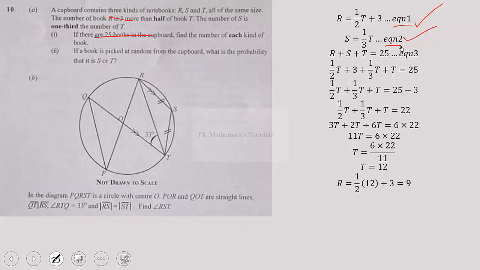We put t equal to 12 into this equation to get the number of R, which is 9. Then we put t equal to 12 into this one to get the number of S, which is 4. So the probability of S or T will be equal to 4 over 25 plus 12 over 25, which is 16 over 25.